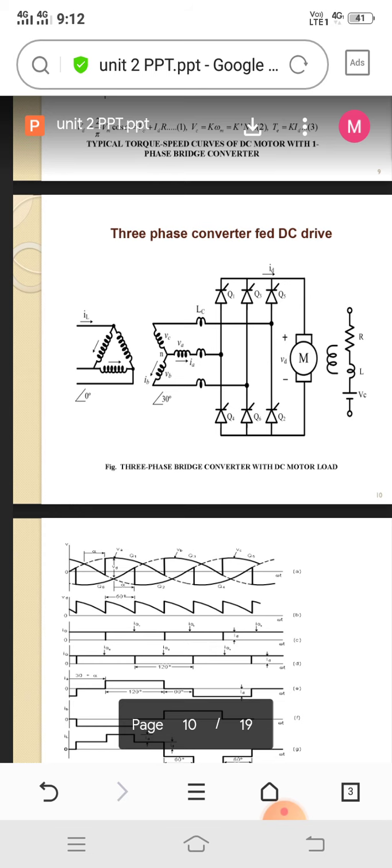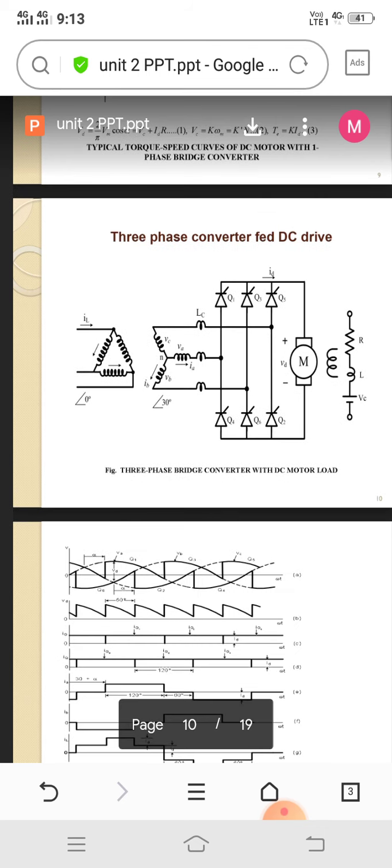Each lead or each phase has two SCRs, one positive SCR placed on the upper part of the circuit, one negative SCR placed on the lower part of the circuit.